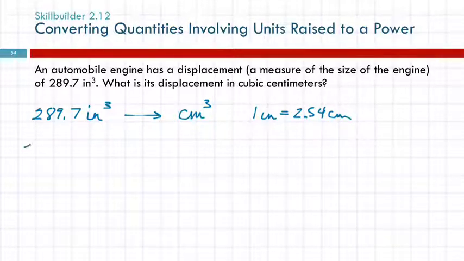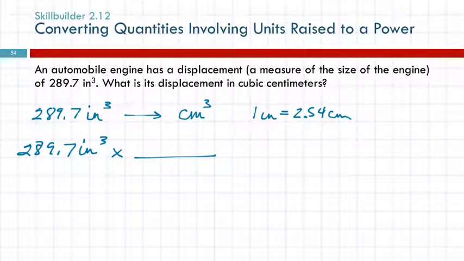So what we're going to do here is 289.7 cubic inches. We have 1 arrow, we have 1 fraction. Cubic inches to cubic centimeters. So here's cubic centimeters, and I'm going to put cubic inches on the bottom because I want those units to cancel out.